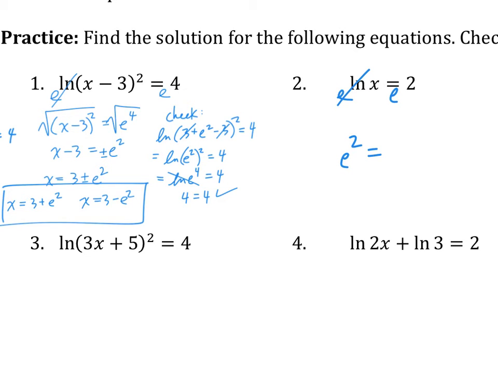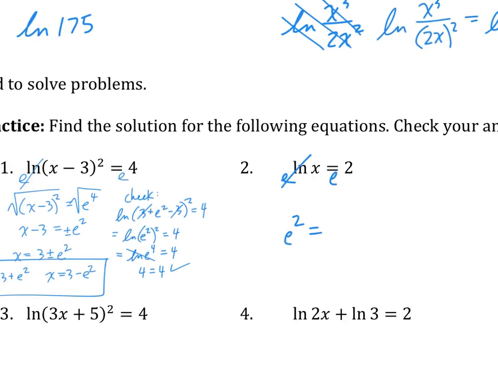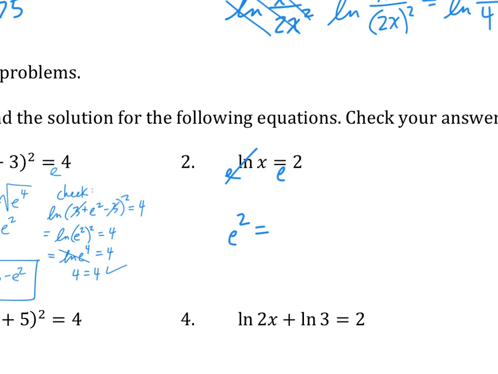So e squared. Usually you have a button that is just e by itself and e to the something. If you don't have e by itself, which is okay, if you just want e, you just do e to the 1st. That would give you e. So if you can't find that button, or you don't know how to use it, let me know. I will help you. So e is an irrational number. e squared is about 7.389.